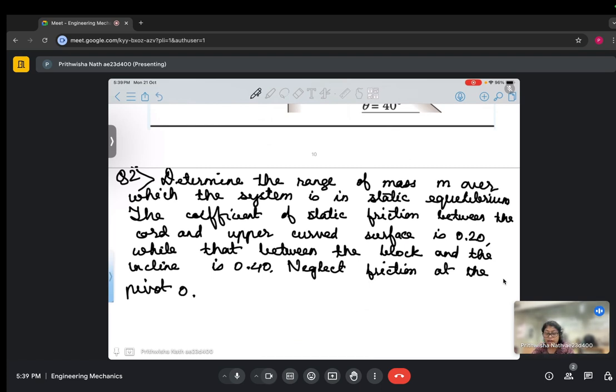Now what we have to do is, first I'll draw the free body diagram of this.